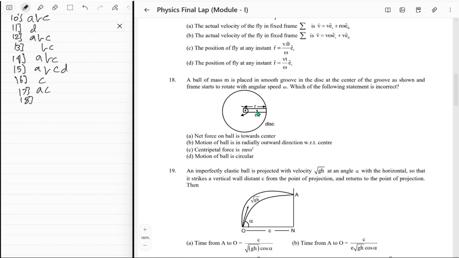So you can see, r double dot for this guy, right? That's equal to omega square r. The thing is, actually there is no radial force at all, only tangential force. So r double dot is equal to omega square. That means radial force is 0, tangential force is there, it's a normal force.